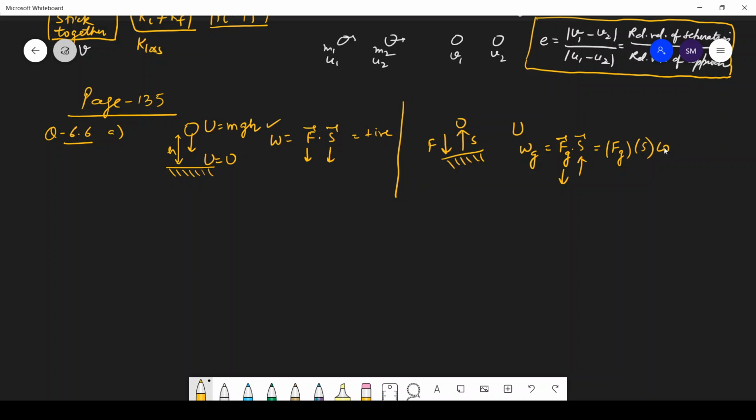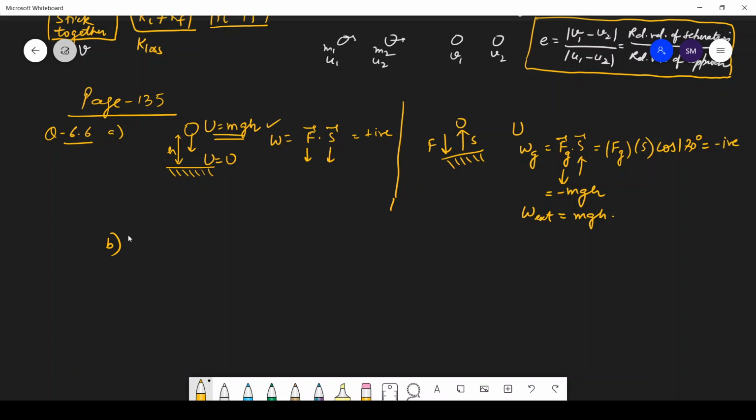So the angle between them is 180 degrees, so cos 180 degrees. So here we will have negative work. The work done by the gravitational force is negative, and that comes out to minus mgh, whereas the work done by the external force will be positive, and that is equal to plus mgh.